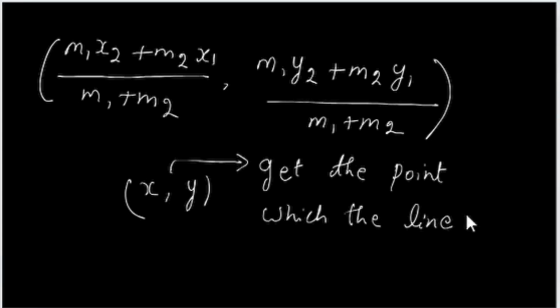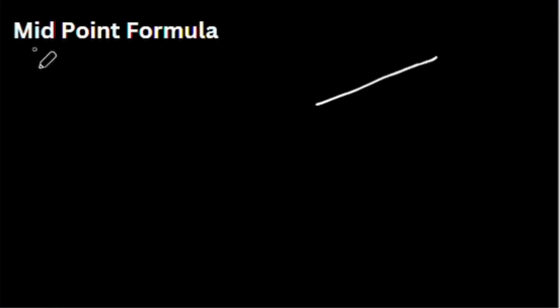That's it. Now we'll move on to the next one, the midpoint formula. What do you mean by a midpoint? When a line has been cut at any point, like 3:1, 4:1, 5:1, let's consider this line has been cut in a ratio of 4:1.